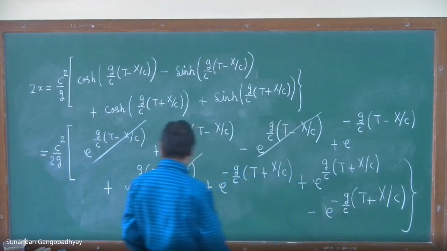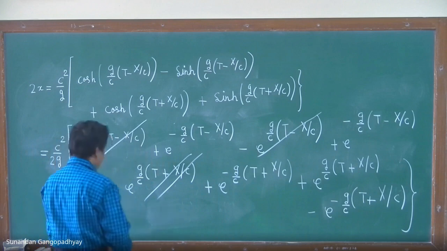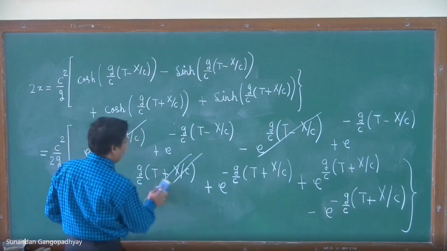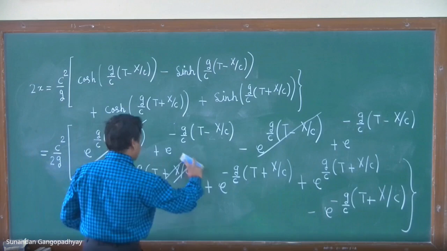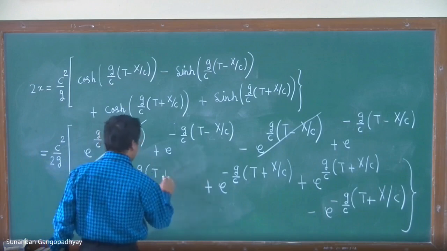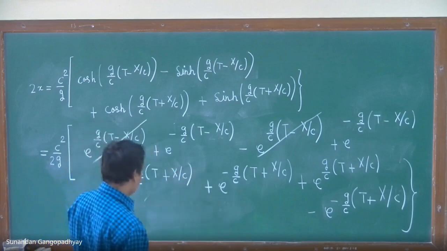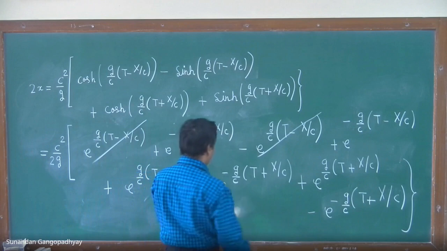No, the next term. Last and third last, the next one. Just cancel this. What was this? t plus x by c, right? So last with the next term, this one. Yeah.